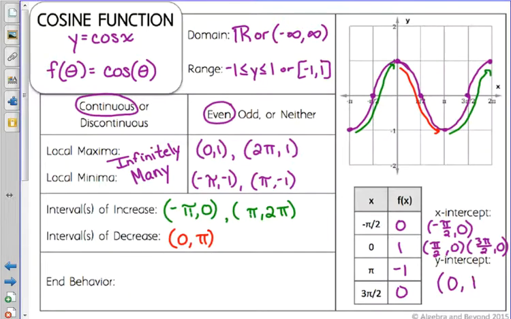But this one's not 0, 0. This one's 0, 1. In behavior, same deal. This one oscillates, bouncing between negative 1 and positive 1, just like sine does. Again, just in different places. Okay. See, I told you that would go faster.